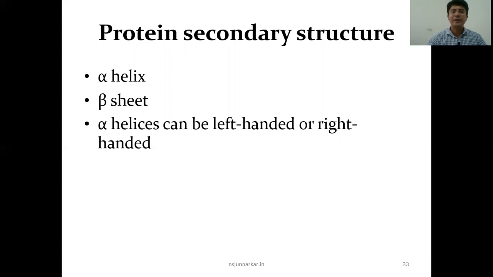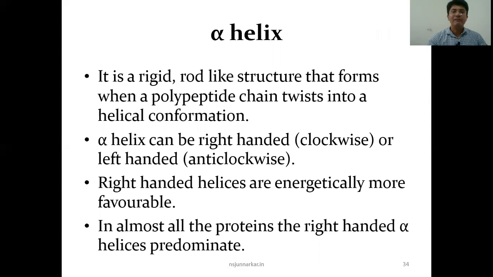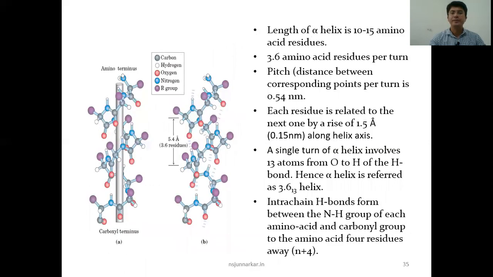Alpha helices can be either left-handed or right-handed. Alpha helix is a rigid rod-like structure that forms when a polypeptide chain twists into a helical conformation. Right-handed helices are energetically more favorable. In almost all the proteins, the right-handed alpha helices predominate.